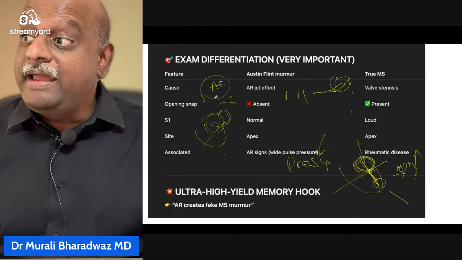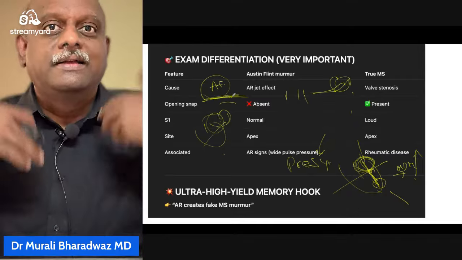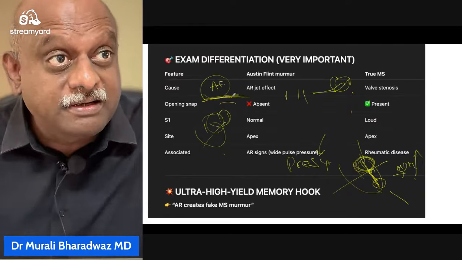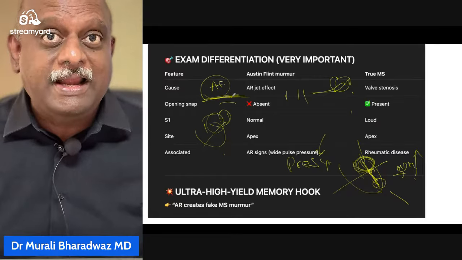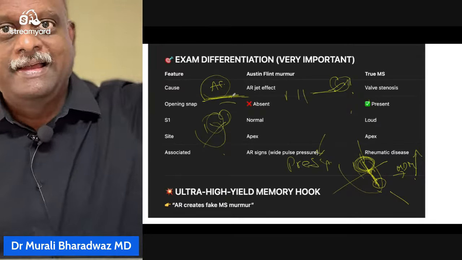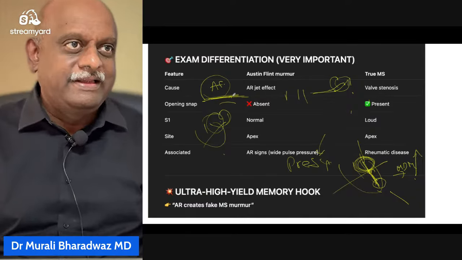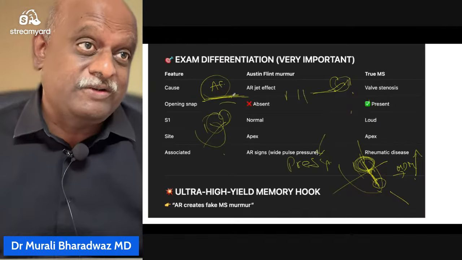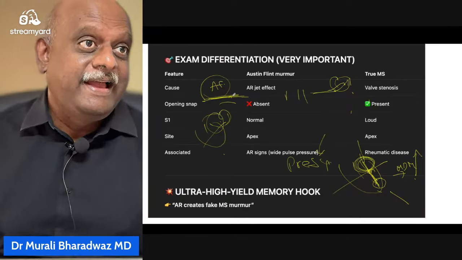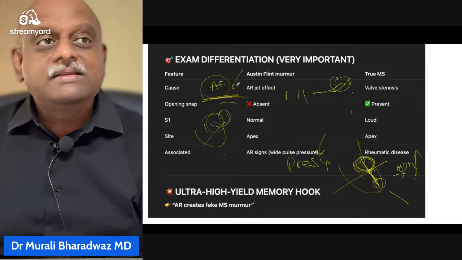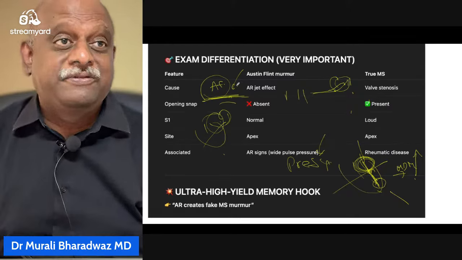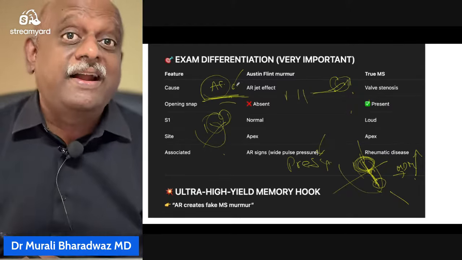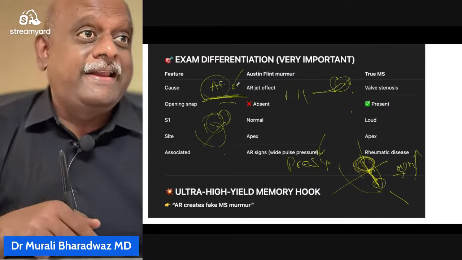That's the reason AF will cause presystolic accentuation to go away. There is an MDM without presystolic accentuation if there is a concomitant AF. What will the examiner tell? Hey, you are not listening to the presystolic accentuation. Could be because of the AF. It is not always a hard and fast rule that it should be there.